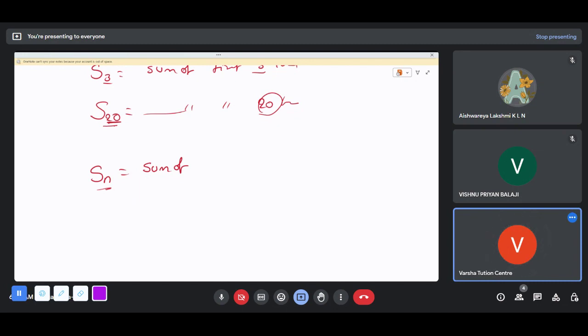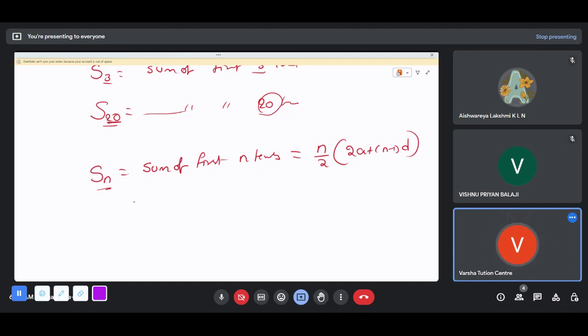Listen, sum of first n terms is given by n by 2 into 2a plus n minus 1 into d. This is the formula. What is the sum of first n terms? n by 2 into 2a plus n minus 1 into d. Clear now?